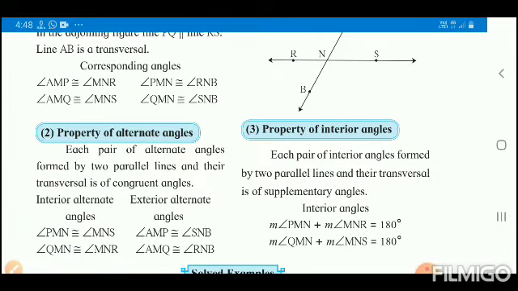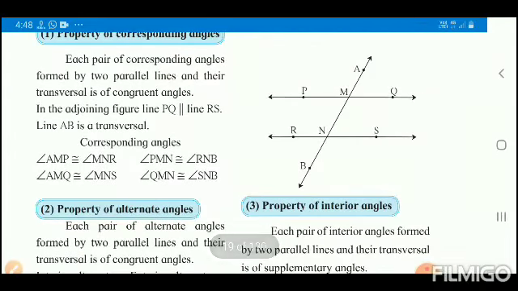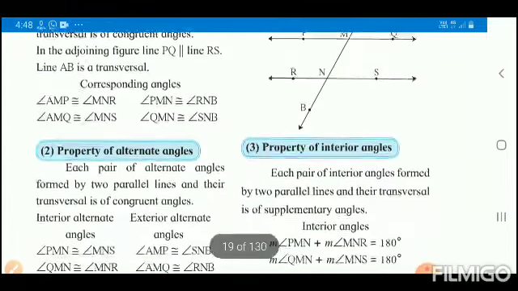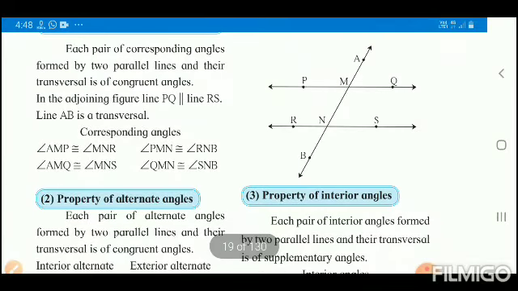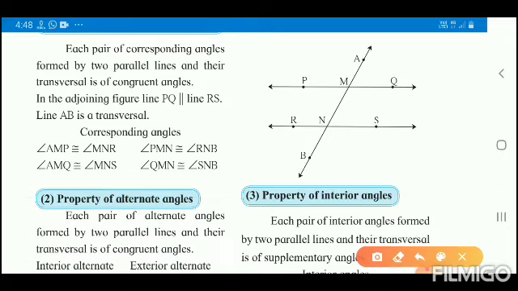Now look here, the angle PMN is congruent with angle MNS. PMN means this angle. It is congruent with angle MNS, means this angle. Okay.